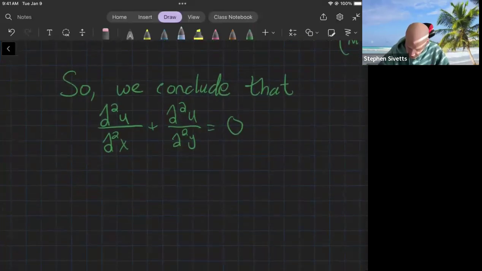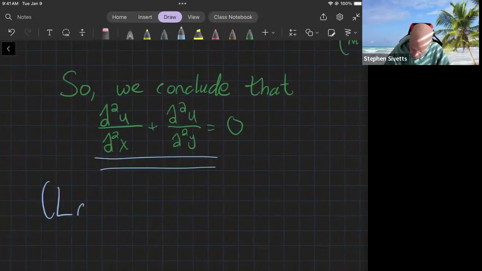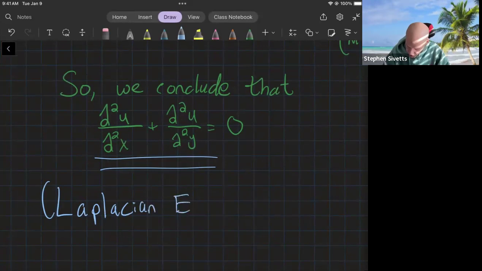So this equation here has a special name. It's what's called the Laplacian equation or Laplace's equation. Okay.